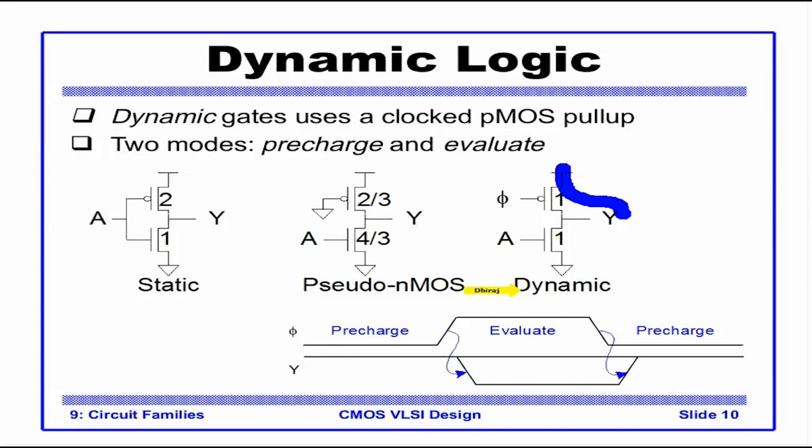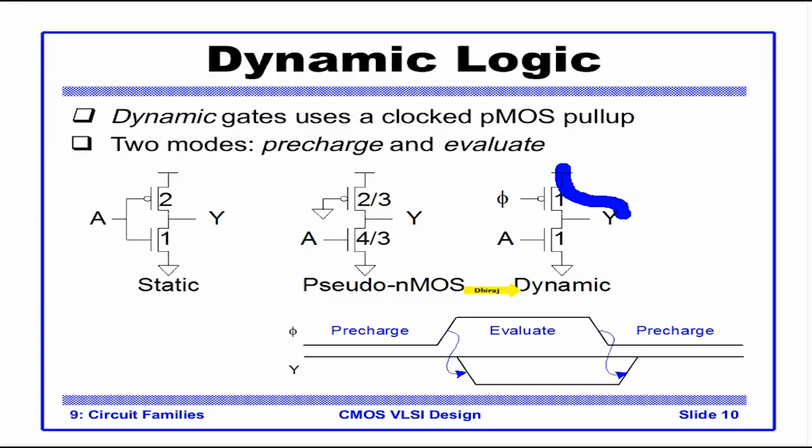This timing diagram tells us that Y remains 1 whenever it is in pre-charge mode. Whenever the clock goes to 1, the PMOS becomes off, and now Y is ready to take on whatever A gives it. If A is 0, the NMOS is off and Y is 1 because it was pre-charged already.